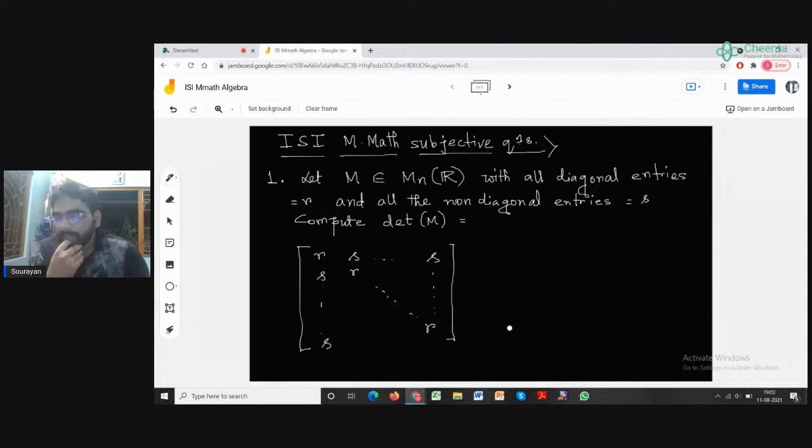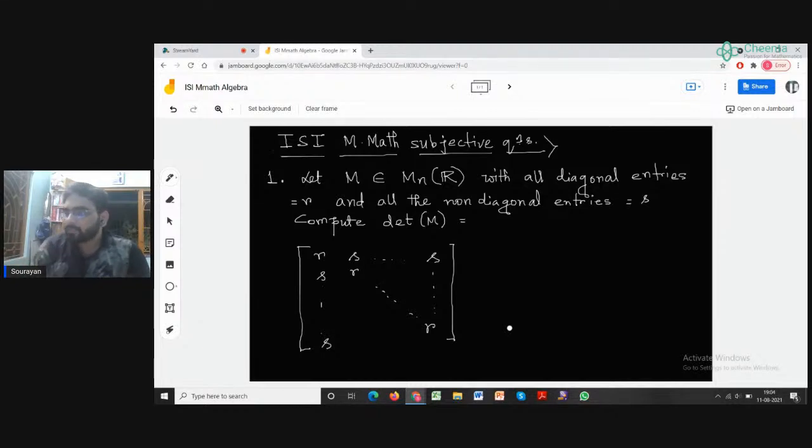Now, to solve this question, you practically need a plus-2 level intuition and a basic college level knowledge. What is the plus-2 level intuition? If I can take out a certain common term, and row operations do not change the outcome of the determinant of the matrix.